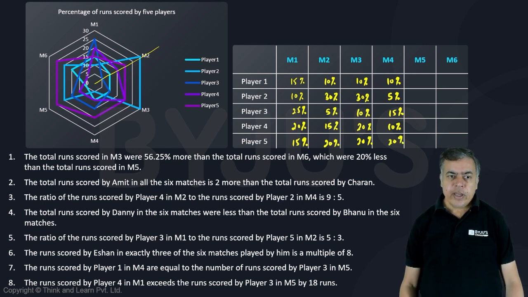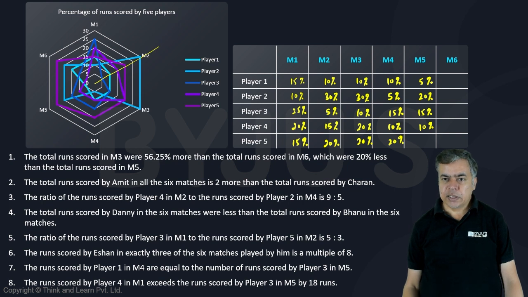M5: player 1 is 5%, player 2 is 20%, player 3 is 15%, player 4 is 10%, and player 5 is 25%.